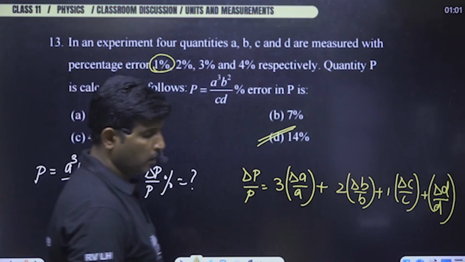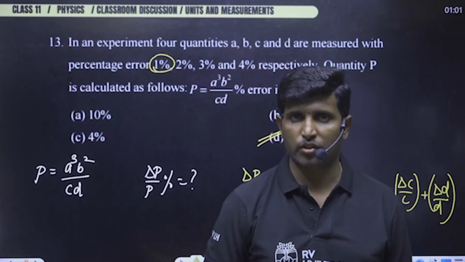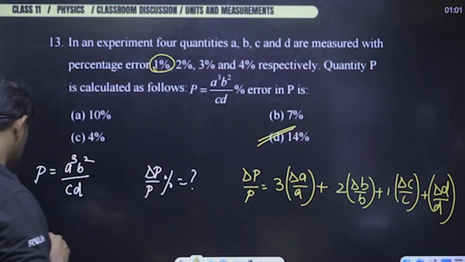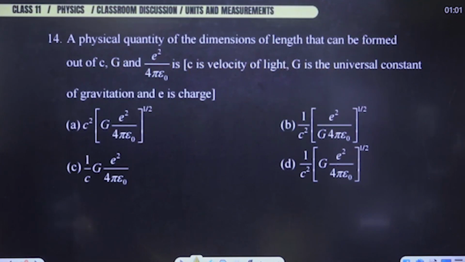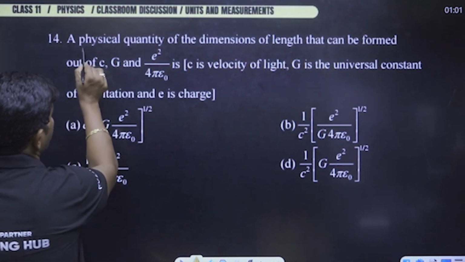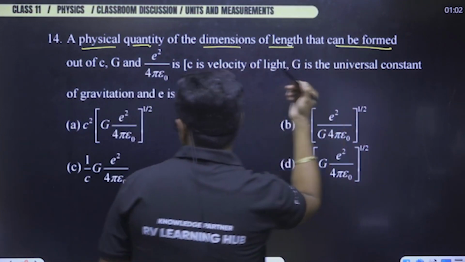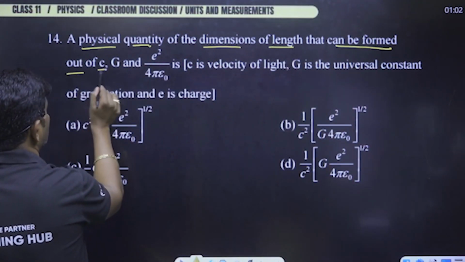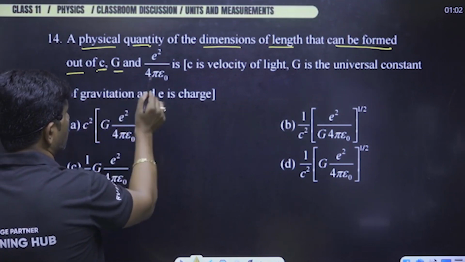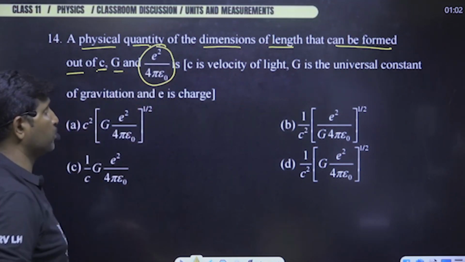Is it clear? I hope you are all following and understanding each and every point. So let us see the next question, what they have given to us. A physical quantity of the dimensions of length that can be formed out of C, G and e square by 4 pi epsilon naught.